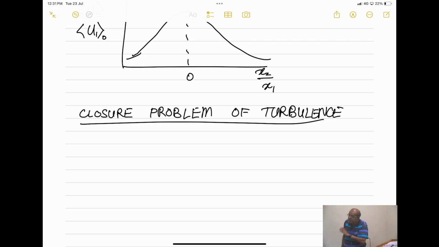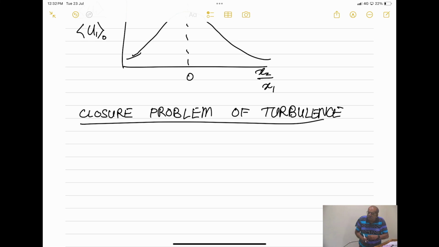But once you take the mean, then the mean equation will contain fluctuations. So then you say, okay, let's write the equation for the fluctuations. Either you solve the mean and fluctuation equations, but then the fluctuation equations require that we solve them at a very small scale, because fluctuations vary very rapidly. And it turns out that even with the best computers, for practical flows, we can't solve the full problem directly.